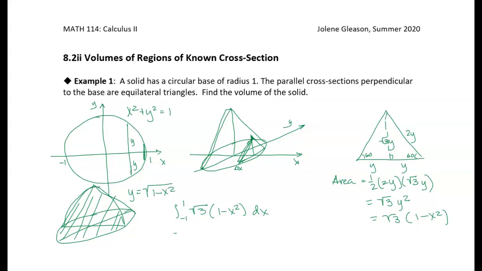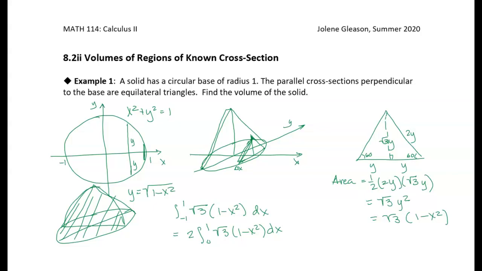I can also write that as 2 times the integral from 0 to 1 of the same thing, square root of 3, 1 minus x squared. So I'm just taking advantage of the symmetry of the circle, right? Instead of integrating from -1 to 1, I'm just going to integrate from 0 to 1 and then double it. Okay.